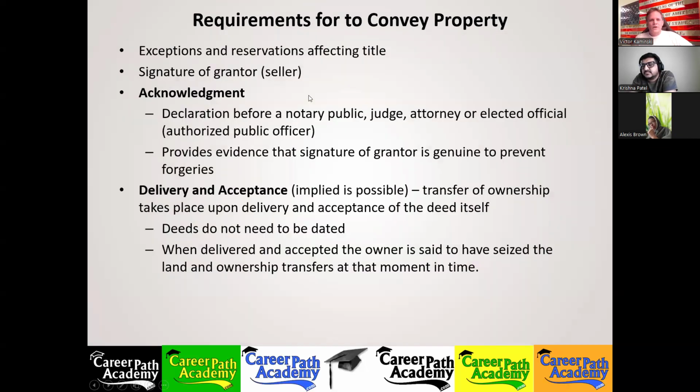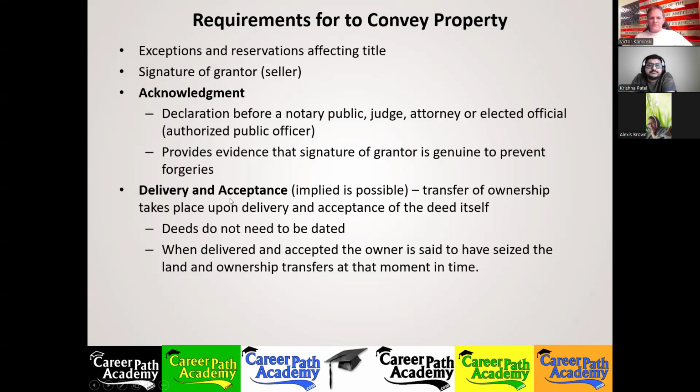Okay, so any exceptions and reservations affecting the title, the signature of the grantor, the seller, an acknowledgement, that's a declaration made before a notary public, judge, attorney, or elected official, or other authorized public officer. It provides evidence the signature is genuine to prevent forgeries.